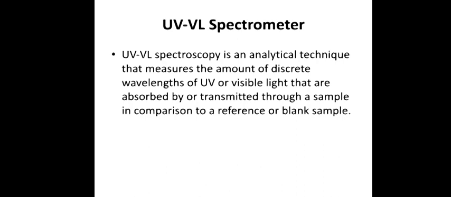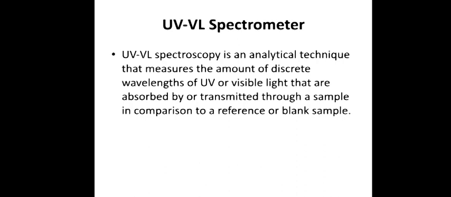That means you need two things. One, you need a blank sample, the other one is the solution of your interest, the sample of your interest. The principle is the same. You are passing light of a certain wavelength through a solution or a sample. We are already aware that some amount of it is going to be absorbed and some amount of it is going to be transmitted.